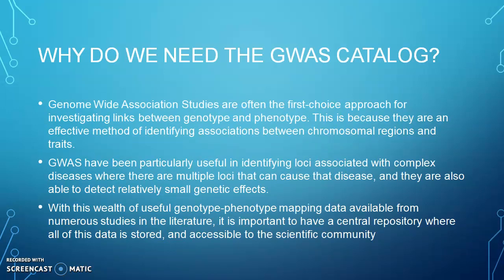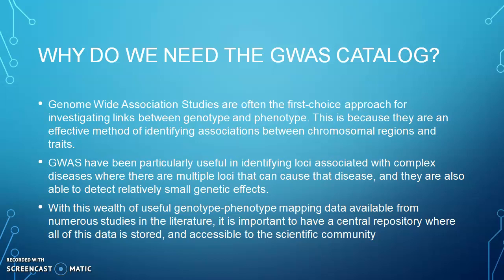So why do we need the GWAS catalog? Genome-wide association studies are often the first choice approach for investigating links between genotype and phenotype. This is because they are an effective method of identifying associations between the actual chromosomal region where the trait occurs and the actual trait that is expressed in the individual.